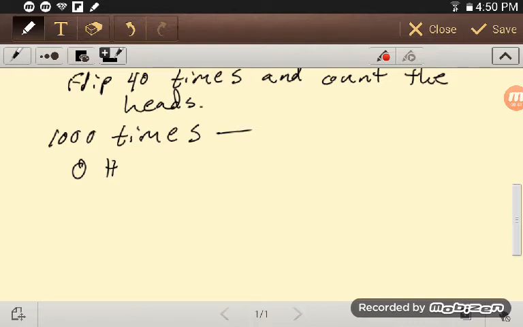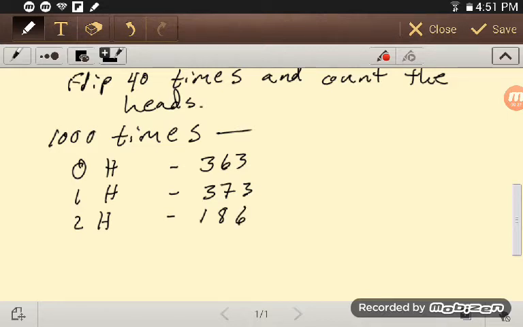Maybe we find that out of 1,000, that happens 363 times. 1 head happens maybe 373 times. 2 heads happens 186 times. 3 heads, now that's what we actually got, happens 60 times.